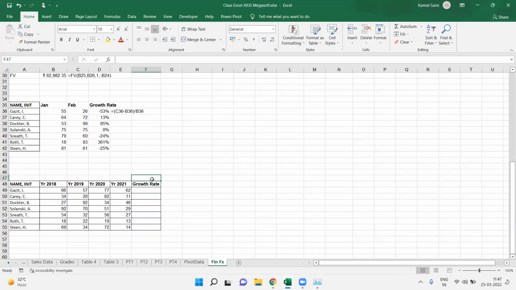For this scenario, I can't simply go for the previous case, because in this there are a number of years involved. Now for this we go for a scenario known as CAGR.